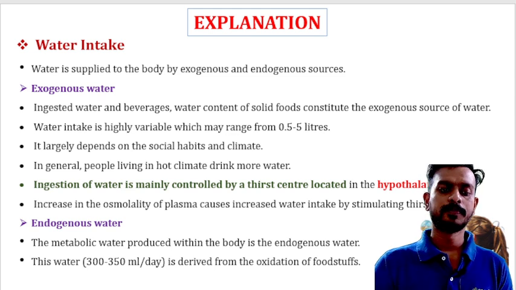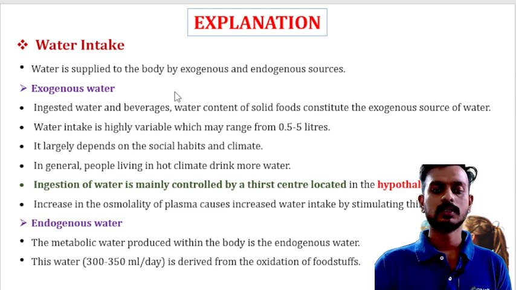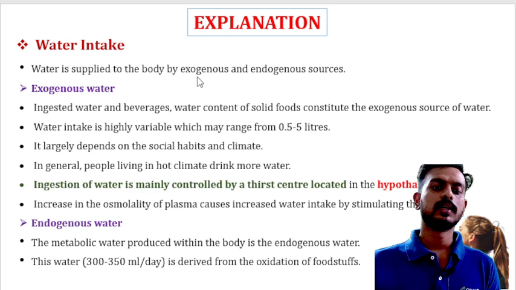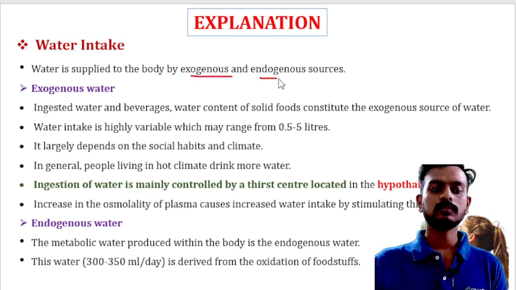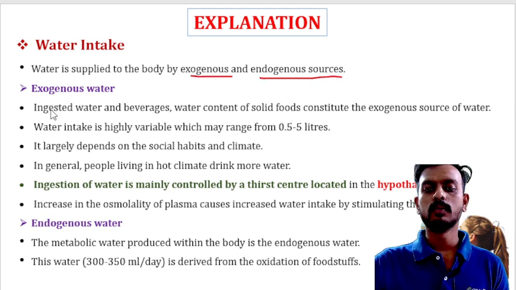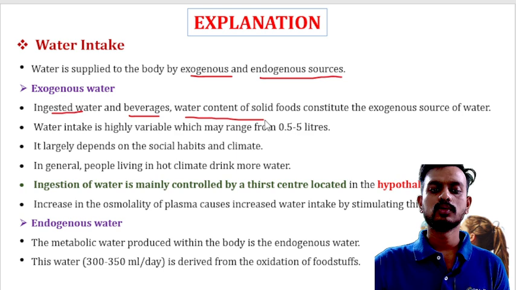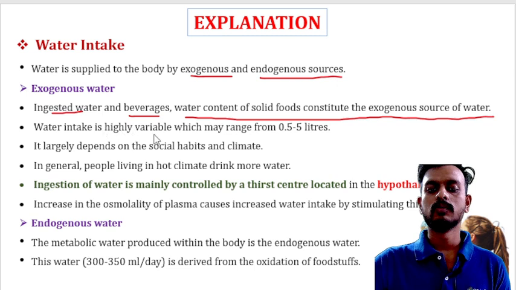Water is supplied to the body by exogenous or endogenous sources. Exogenous sources such as ingested water, beverages, and the water content of solid food constitute the exogenous water sources. Water intake is highly variable, ranging from 0.5 to 5 liters. It largely depends upon social habits and climate.